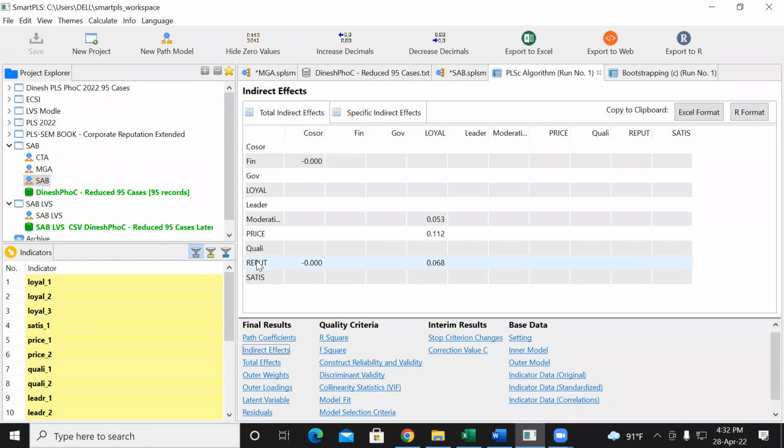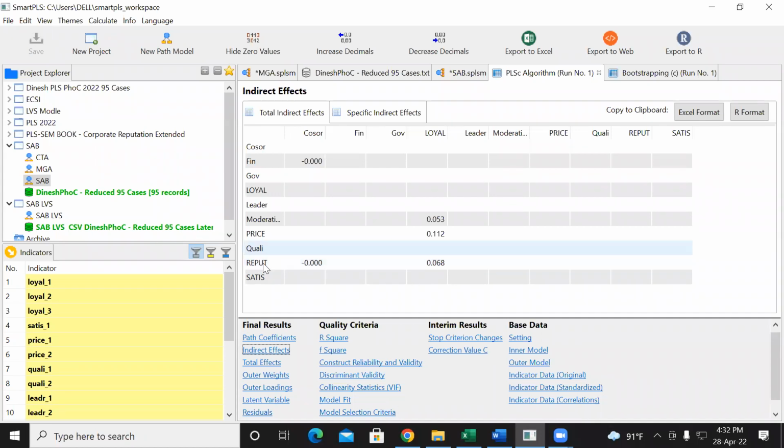You look at reputation to loyalty, that one. What's the indirect effect? 0.068. Very poor indirect effect there. That means it is not a perfect mediation at all. And also the mediation indirect effect is very poor. You see there, that is even less than 0.1. It is 0.07 when you round up.